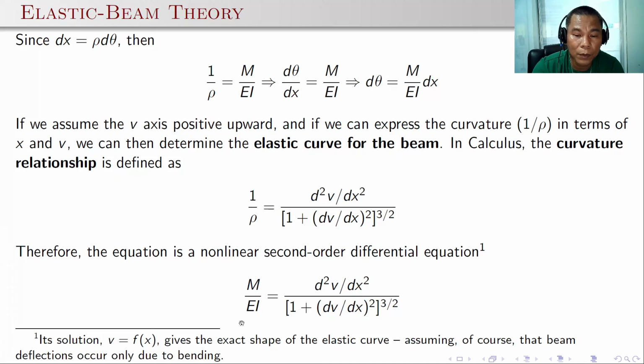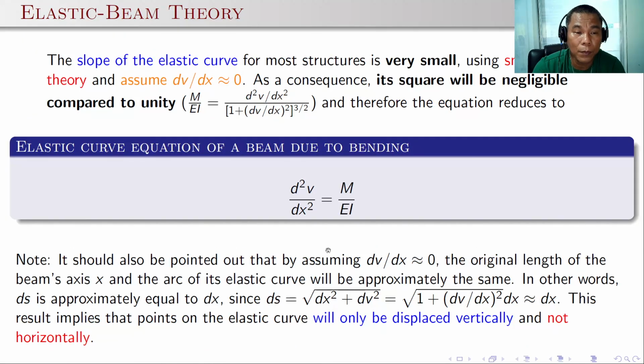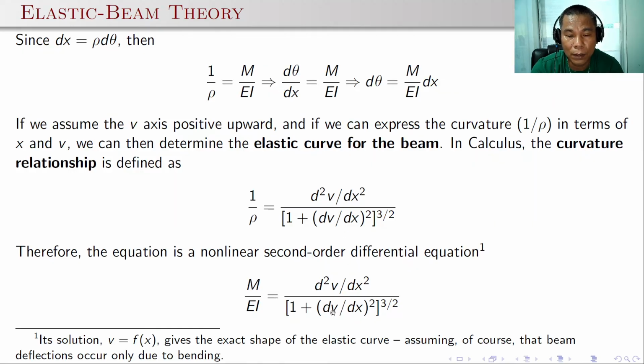But if we have to simplify our computation, the slope of the elastic curve for most of the structure is very small. Take note, very small. So using the small deflection theory and assuming that the slope dv over dx is approximately equal to 0, then as a consequence, its square will be negligible compared to unity. So as you can see in this equation, dv over dx is approximately equal to 0.